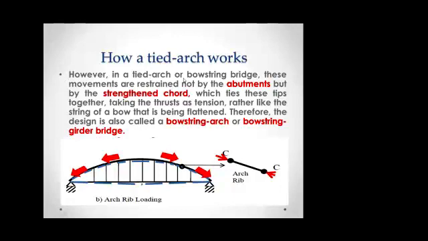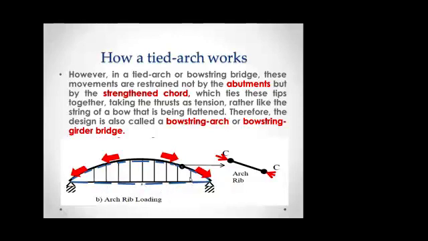However, in the tied arch or bowstring bridge, these movements are restrained not by the abutment but by the chord. So this force from the arch rib is not transferred to the ground. It is brought back to the tie as a tension member, as a chord.